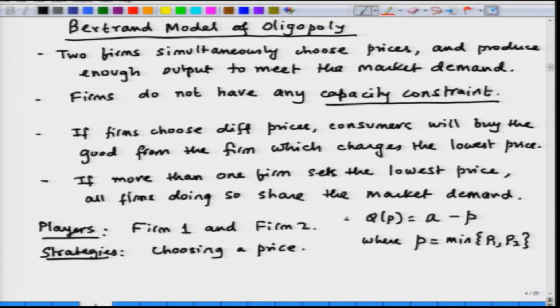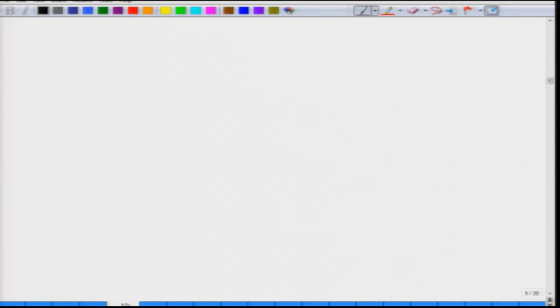As before, let us also assume that the marginal cost is constant at C for both the firms. Now, with this in mind, let us write down the payoffs. What are the payoffs to the two firms? Let us think about the payoff to firm 1.